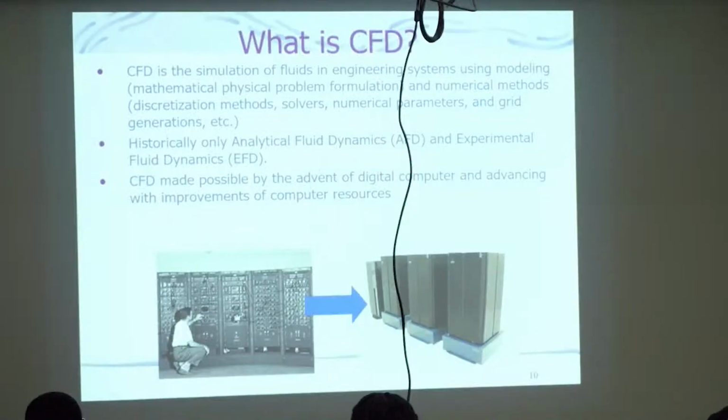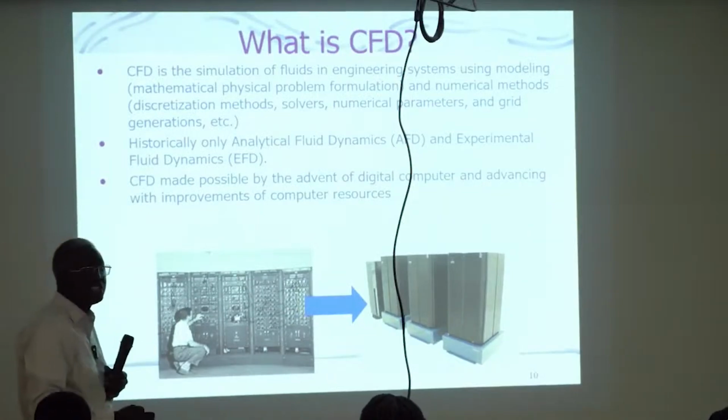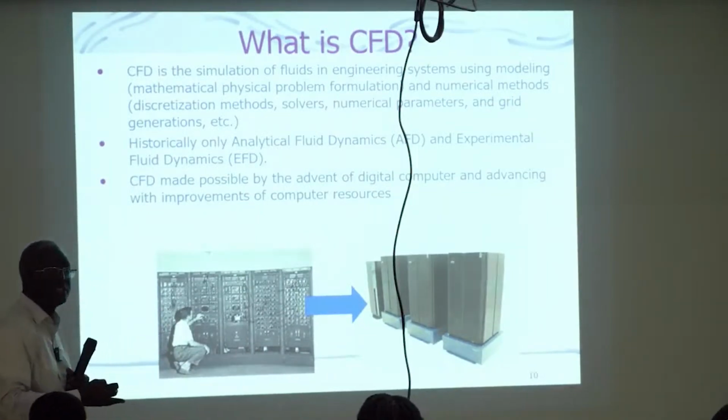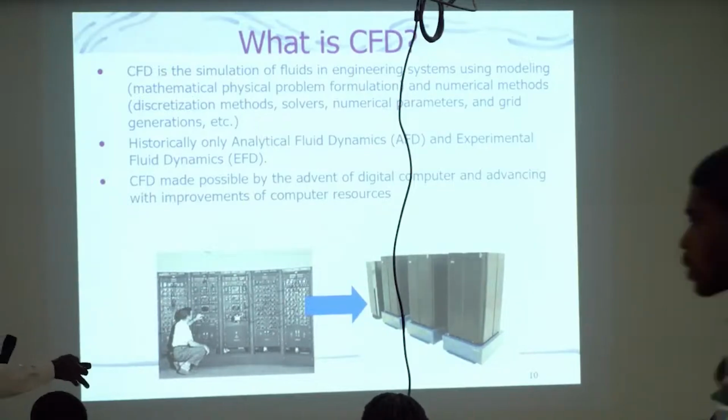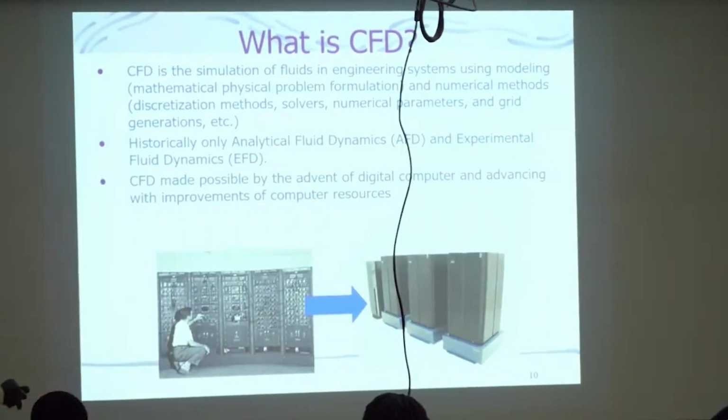Historically, we've used analytical fluid dynamics. That means that you have the governing equation for fluids, and you can obtain exact solutions, such as coming up with a simplified form of the Bernoulli equation that you can use to determine, for example, what?